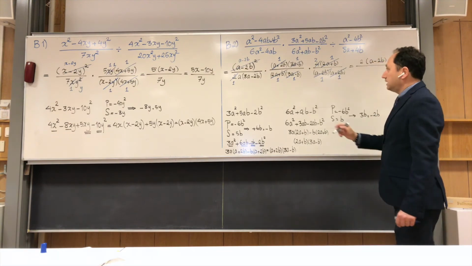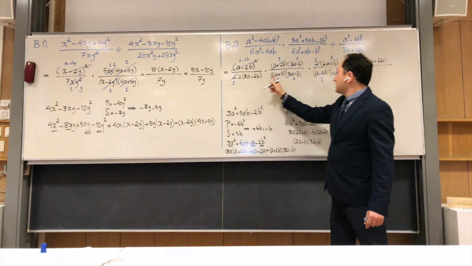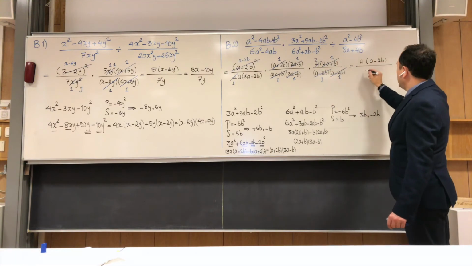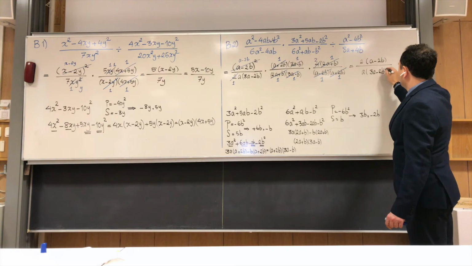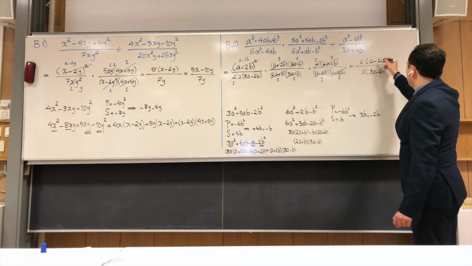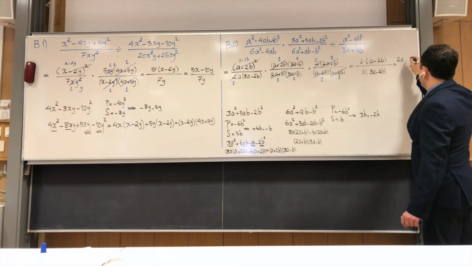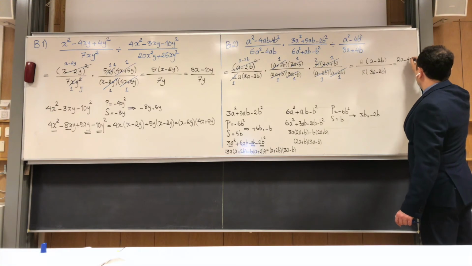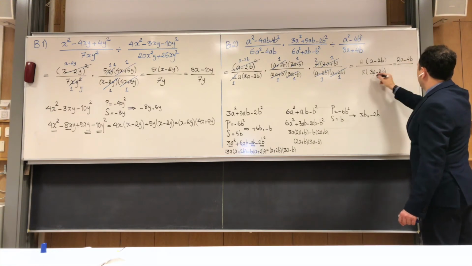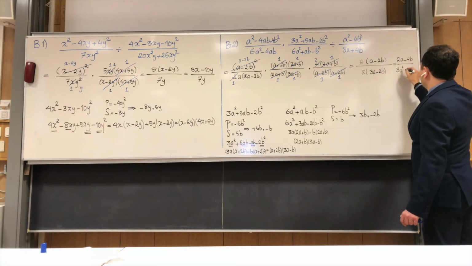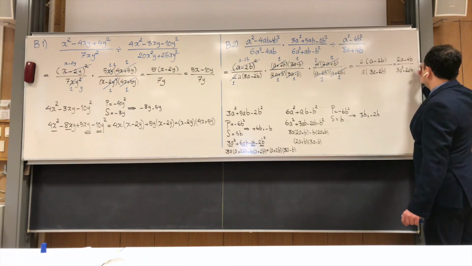Okay. And then I have 1 times a times that expression. So it is just a times 3a minus 2b. And because we cannot simplify or multiply it back, it becomes 2a minus 4b divided by 3a squared minus 2ab. So that would be the final answer here.